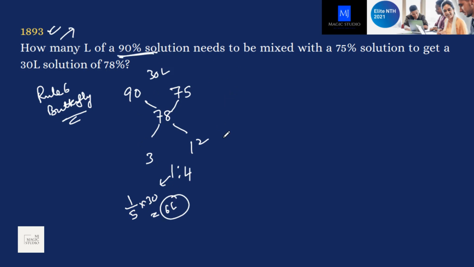So how much 90% solution needs to be mixed? 6 liters is the answer. Use this rule 6 butterfly, and just like I asked, go through those 45 questions. Today we have got at least 6 to 7 questions from that exact question, believe me. So do it.